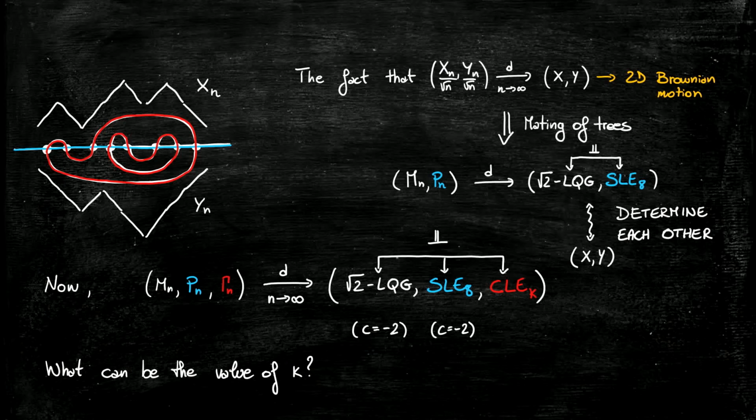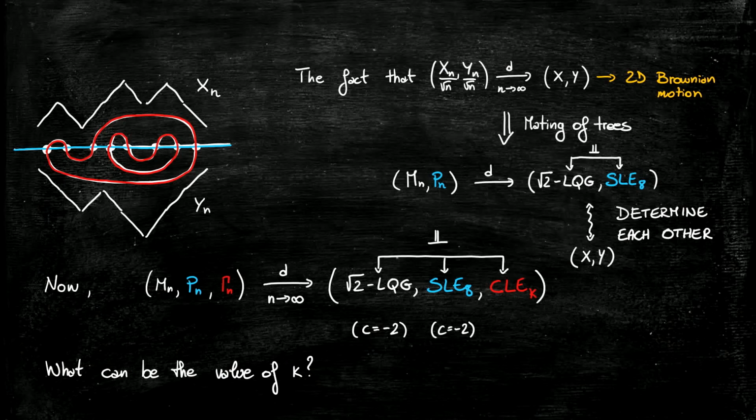You immediately see that the planar map has a central charge of -2. And there is a general belief that the central charge of the map that you see in the limit should be exactly the sum of the central charges of the statistical mechanics model that you put on it to reweight the law of the map.